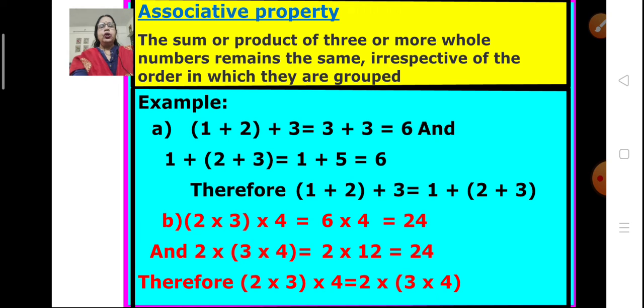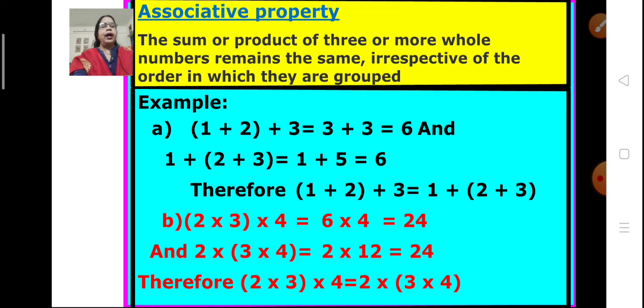So how do we group them? It doesn't matter, the result will remain the same. When we are adding or multiplying the numbers, we can group them in any way and it doesn't change the result. This is the associative property. We can group them in any order.